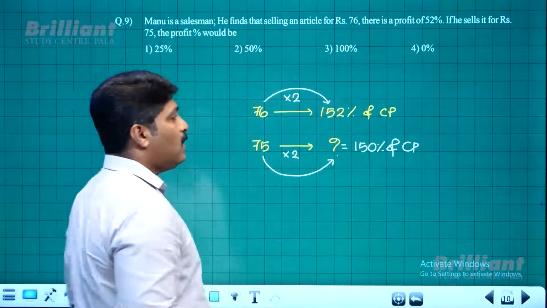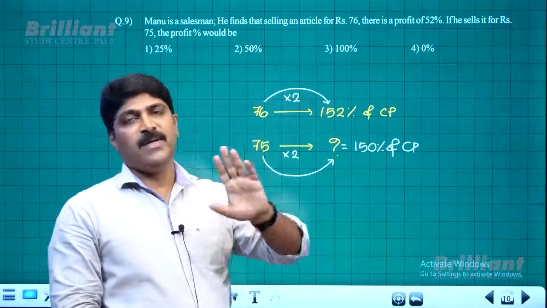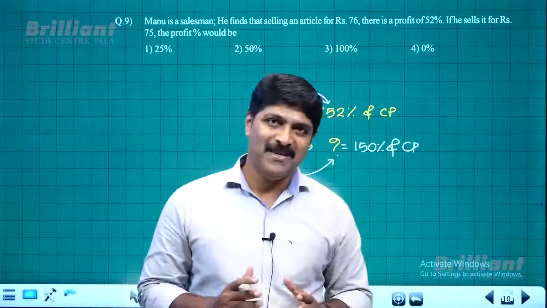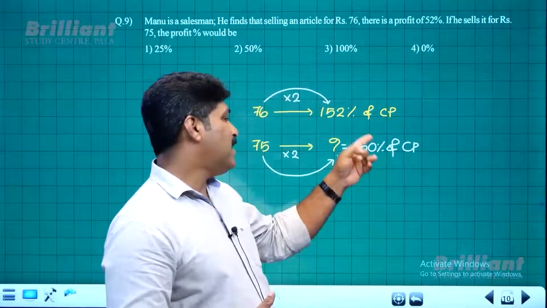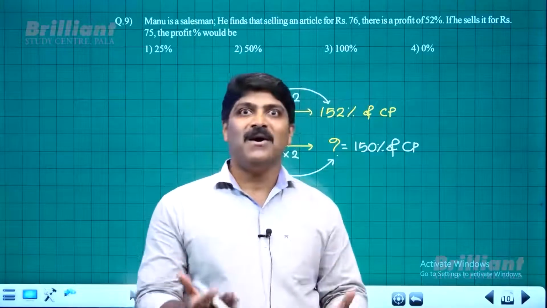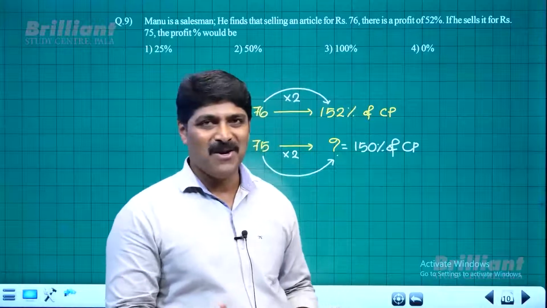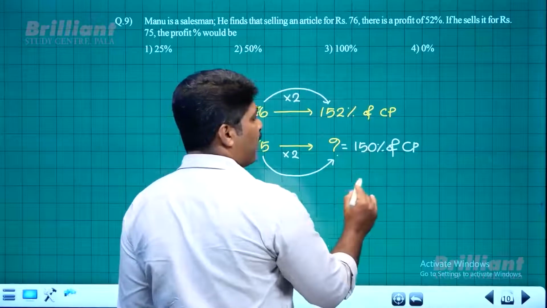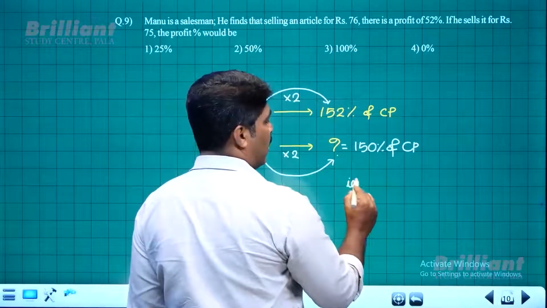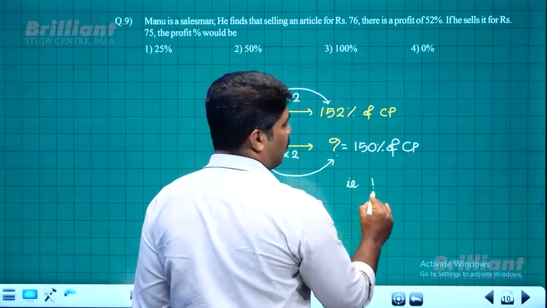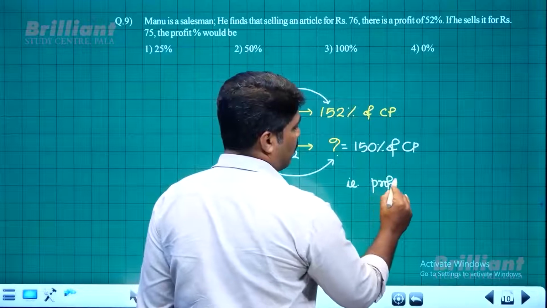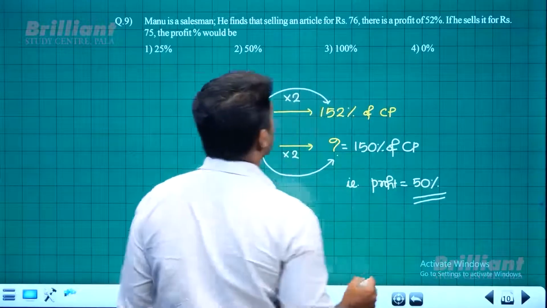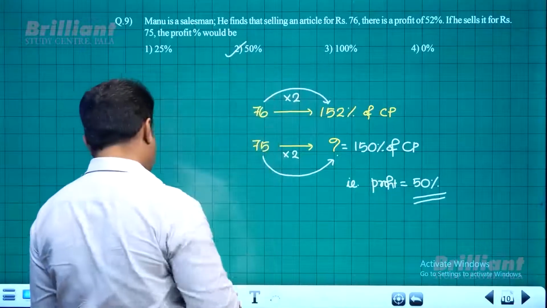If 152% of cost price means a profit of 52%, then if it is 150% of the cost price, what is the profit percentage? That is 50%. Therefore, we can consider that there is a profit equal to 50%. Clear? So the answer is option 2.